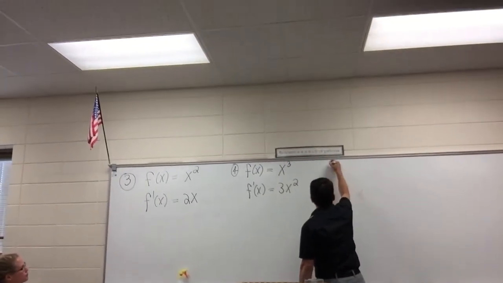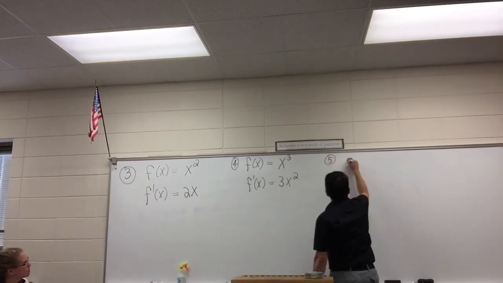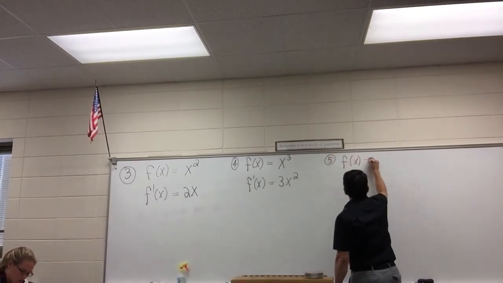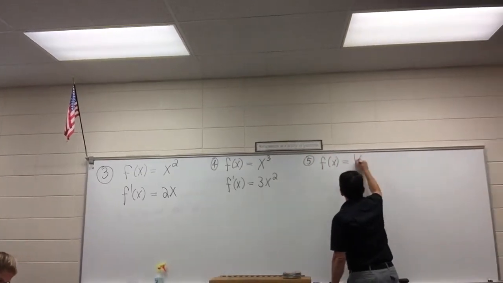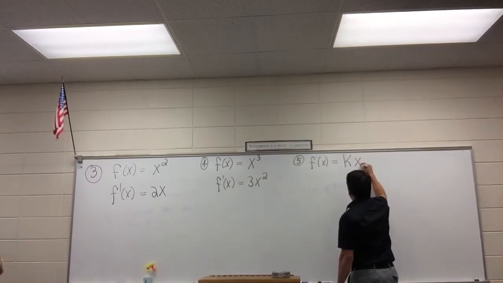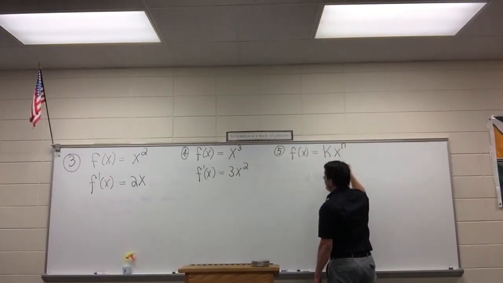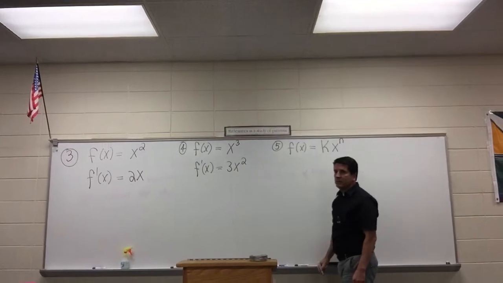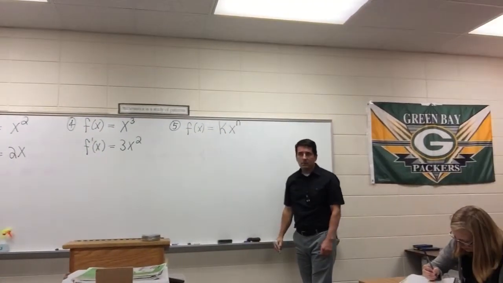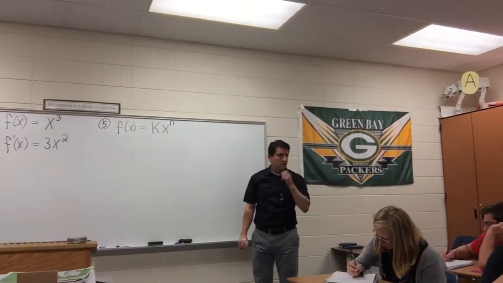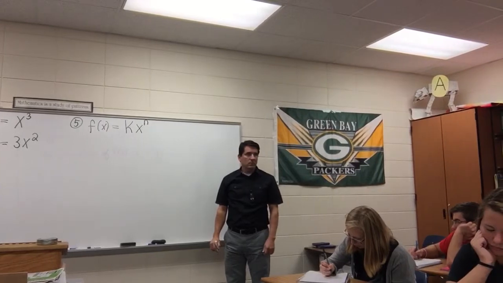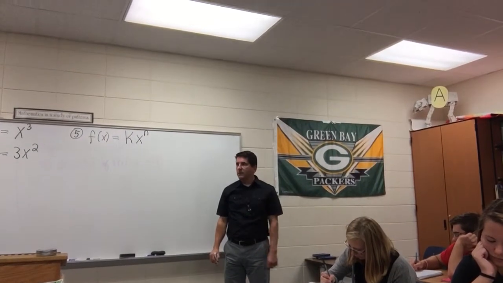Okay, this is the tricky one now. F of x is equal to k times x to the nth. This is the biggie.